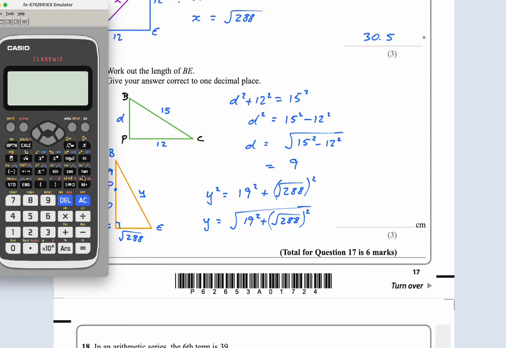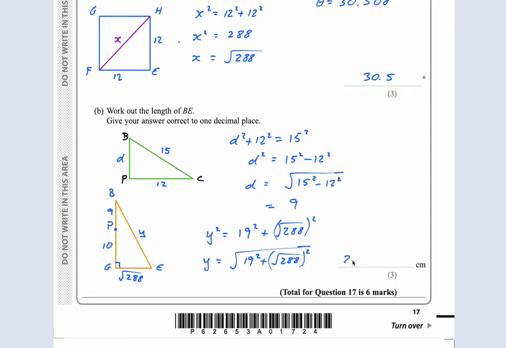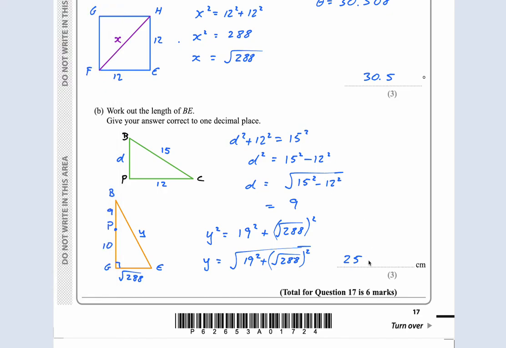Okay, now, finally, I do the square root of, hopefully this is right, 19 squared plus root 288, so I'm doing a root in a root, squared. I can put the squared in the root or outside, it doesn't actually matter. And that gives me 25.49, well, to one decimal place, 25.5. So I'm just going to put down 25.5 centimeters.